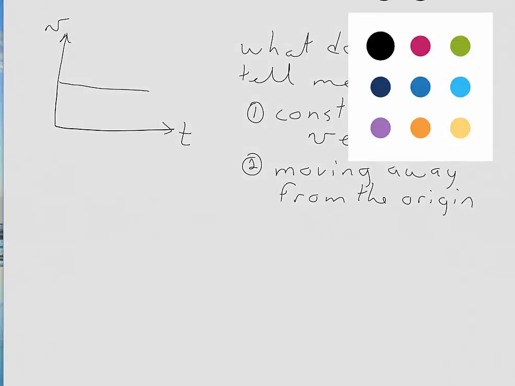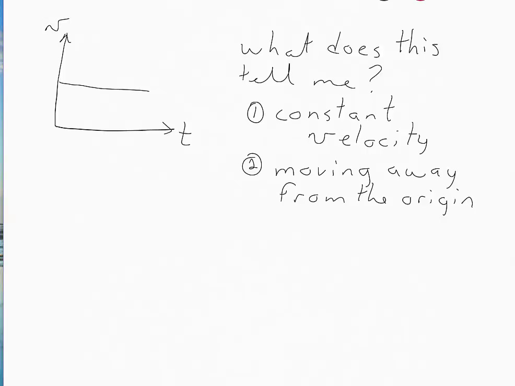Let me change colors again here. So if I take my velocity time graph, velocity and time we already know are related to each other through the speed formula, that speed is change in distance over time. So what if I look at the area under the curve? That's a nice rectangle. The area of this rectangle is found by the length times the width, or the height times the width, whatever you want to call it.